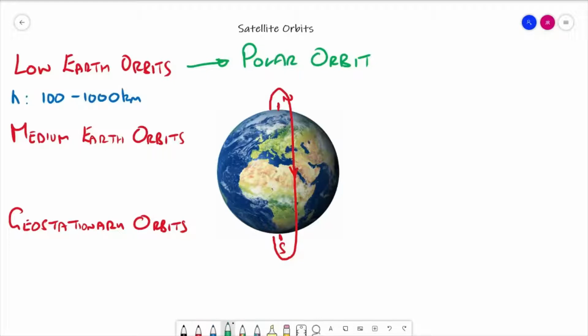Now, polar orbits are a kind of low Earth orbit, and their altitude goes from around 200 to 1,000 kilometres.